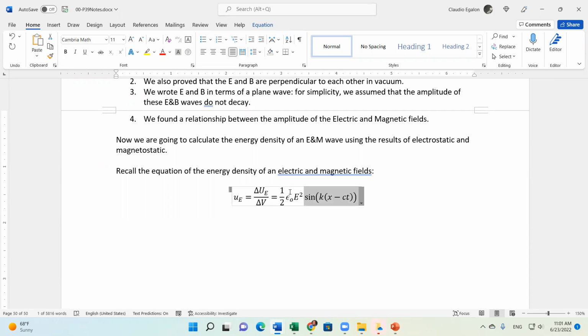This equation is very easy to memorize, right?